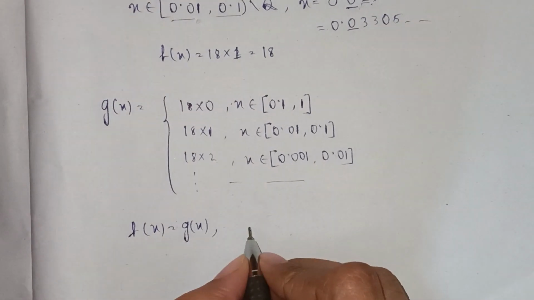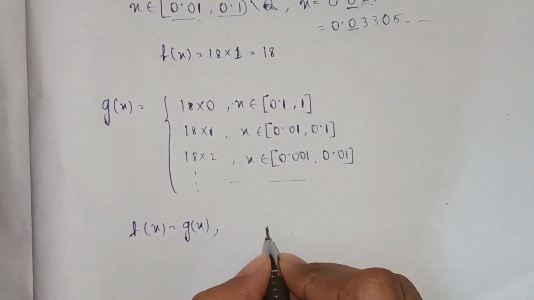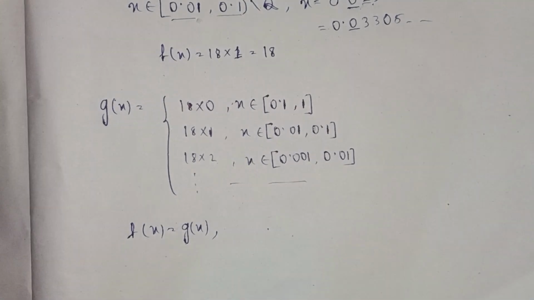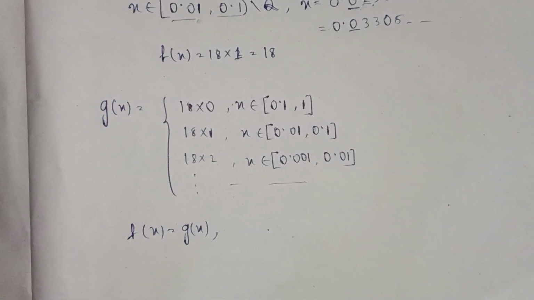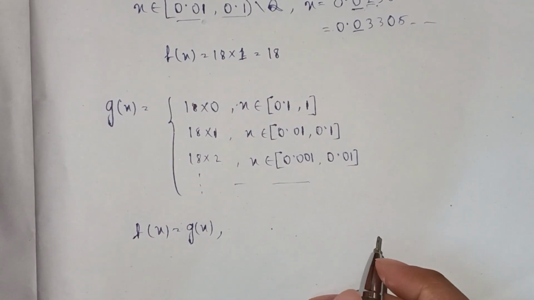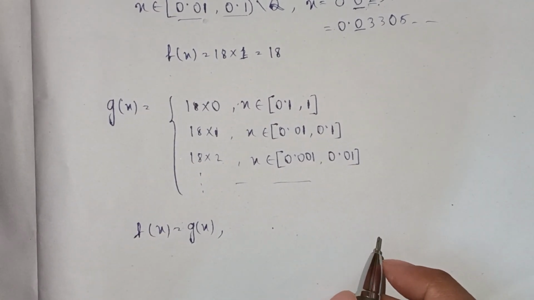But f(x) is not equal to g(x) when x is some rational point. Now we know that, as I mentioned earlier, the set of all rationals is a set of measure 0.